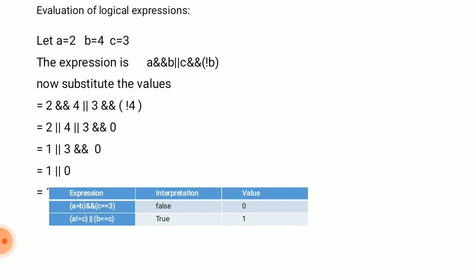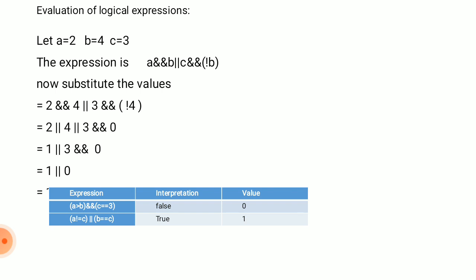So, in the expression, if all the operators are involved, then always the highest priority is given to logical NOT, and secondly logical AND, then logical OR, to get the final value. Now substitute the values given. That is 2 logical AND 4 logical OR 3 logical AND, in parentheses, logical NOT 4.